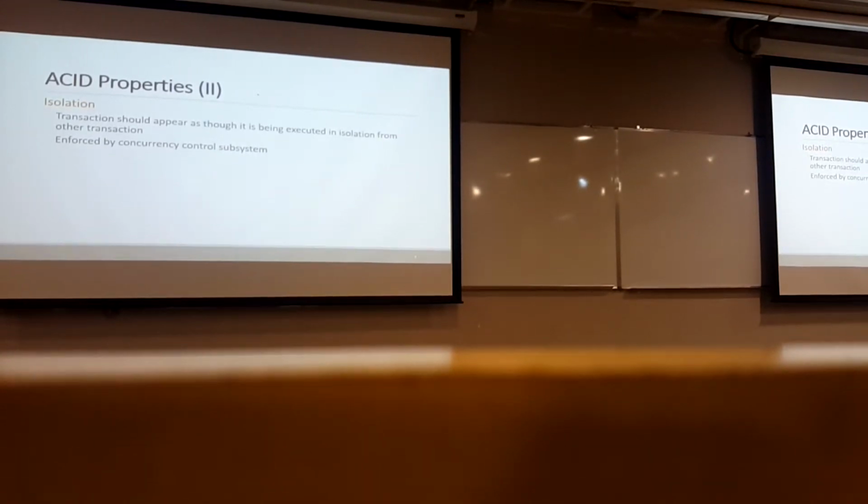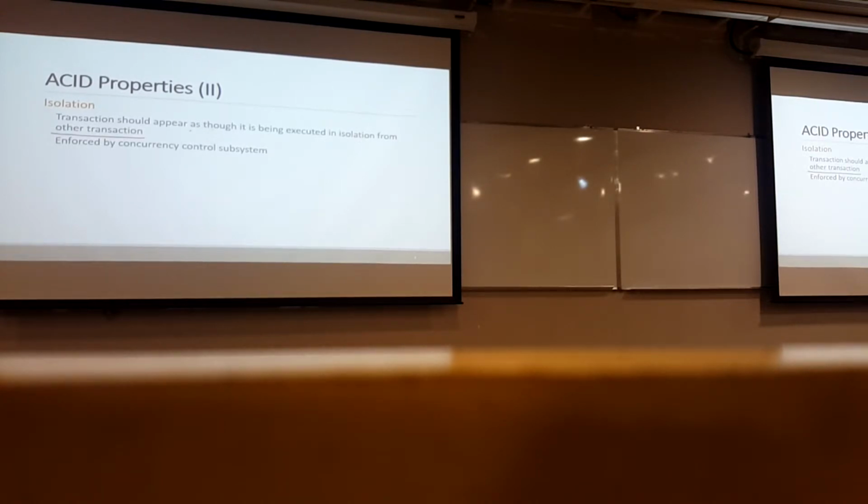So a transaction should appear as though it is being executed in isolation from other transactions. It's not as though it's actually true. 雖然佢哋中間會有好多 overlap 嘅時間，但係真正嘅完成一定係一個先過另外一個嘅 for sure. Okay, for sure. So it is enforced by the concurrency control subsystem.